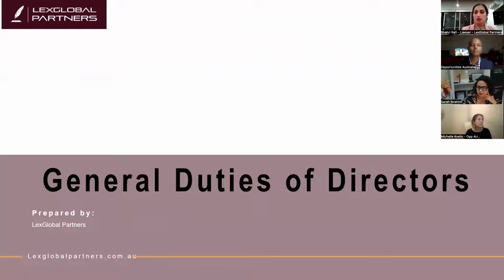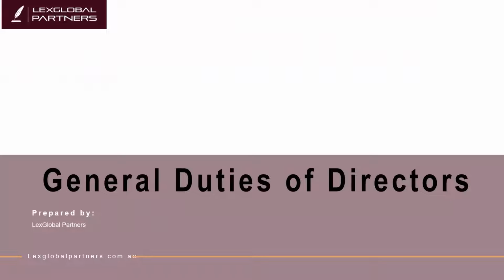So my name is Shari Rafi, and I'm a managing partner of a small law firm. I have set up the firm two years ago. I'm a corporate commercial lawyer as well. I've worked since 2013 in different organizations. I started with a private firm.